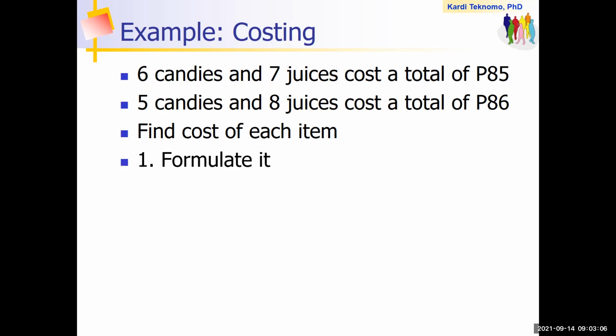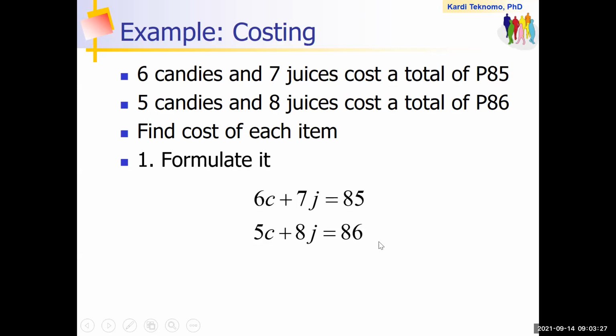First, you need to formulate it. 6C plus 7J, where C is candies and J is juice, equals 85. 5C plus 8J equals 86.